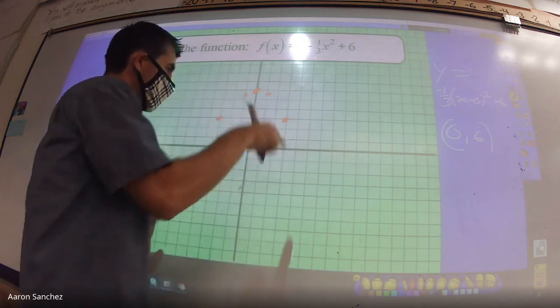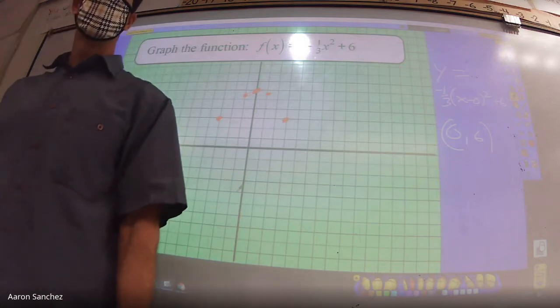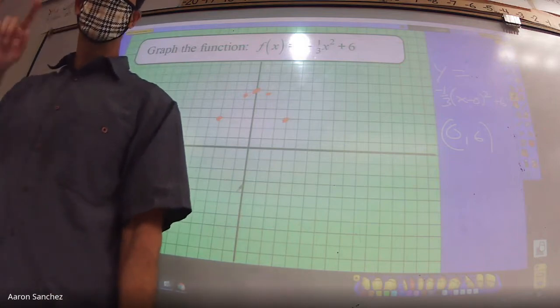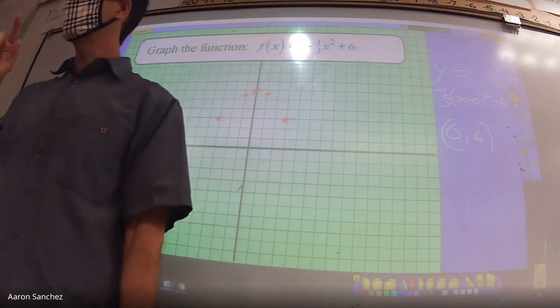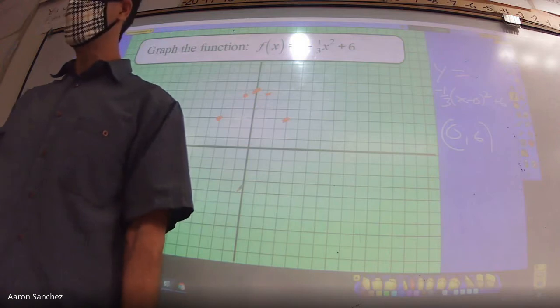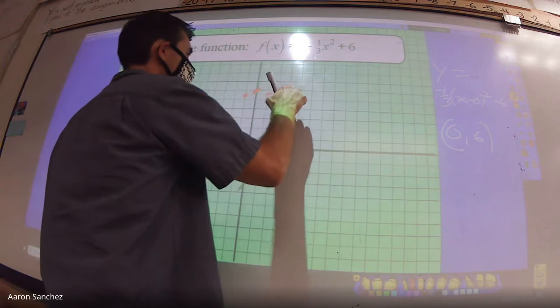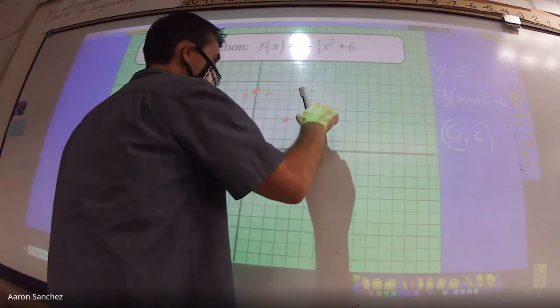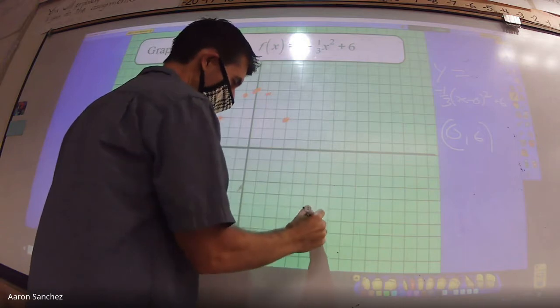Over 4, 16, not divisible by 3. Over 5, 25. What's 6 squared divided by 3? 12. 1, 2, 3, 4, 5, 6, 1, 2, 3, 4, 5, 6, 7, 8, 9, 10, 11, 12.